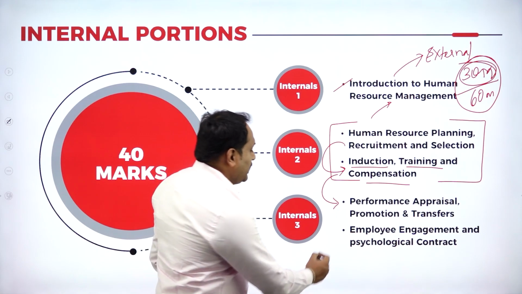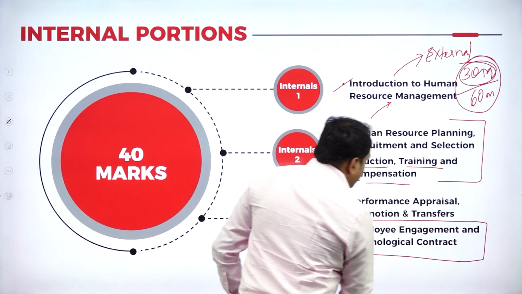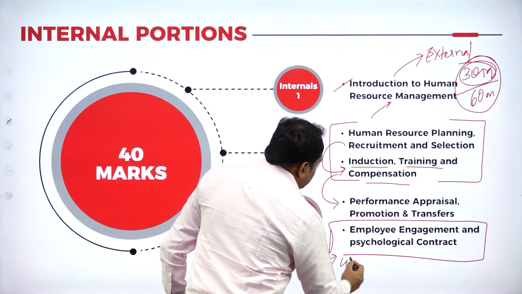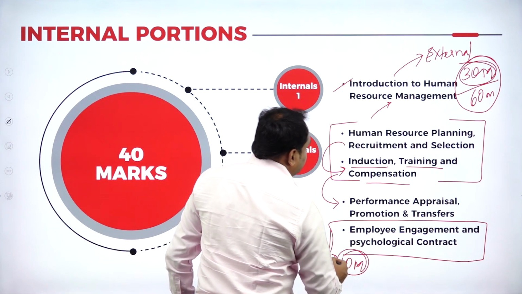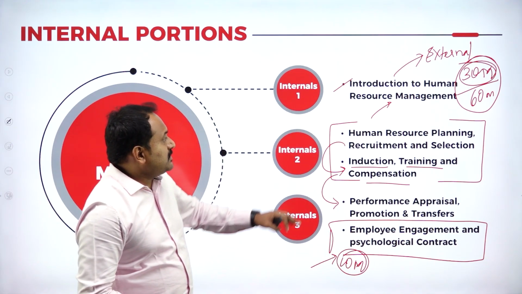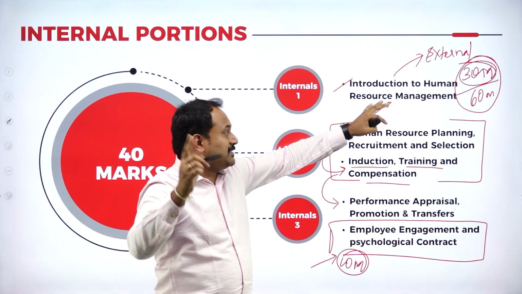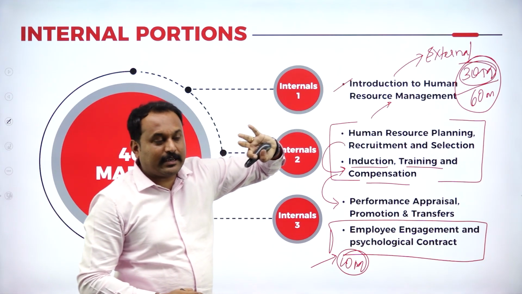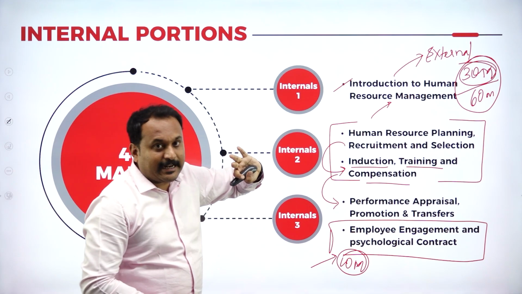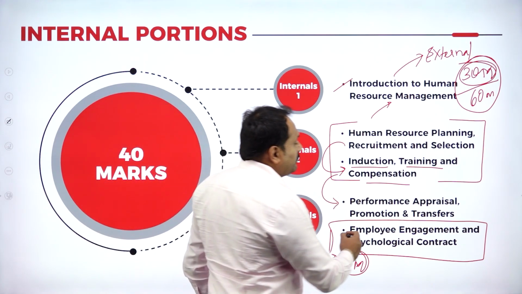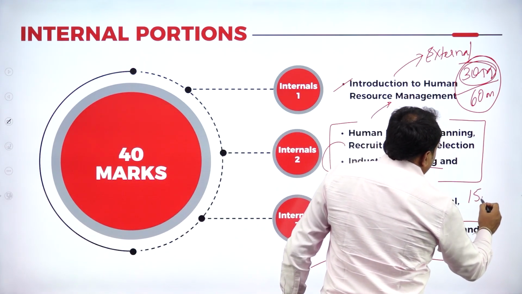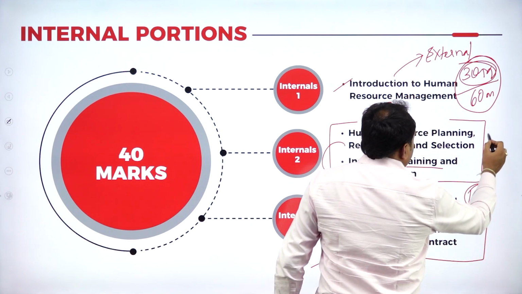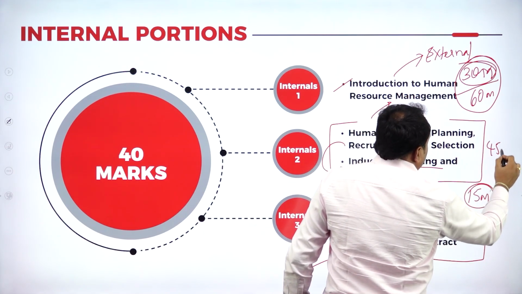This is totally different. Here you can expect only 10 marks from this chapter. For the external, I'm just telling you, 30 marks questions can come, and for performance appraisal, you will get somewhere around 15 marks questions. So both, if you go with it, you will be getting 45 marks questions.